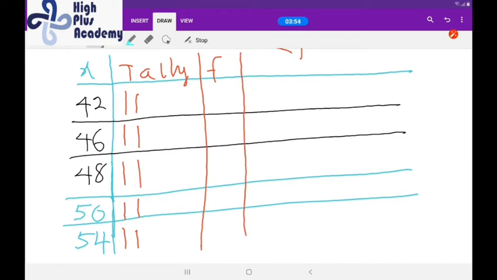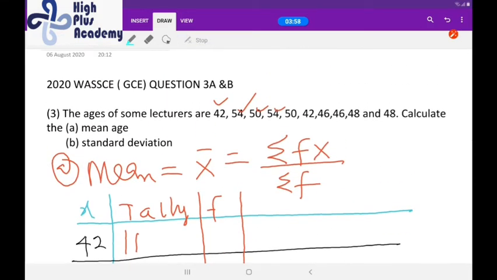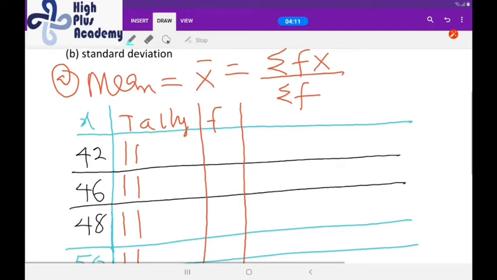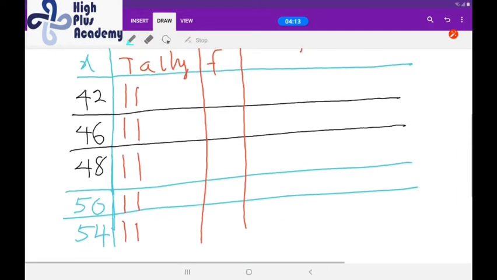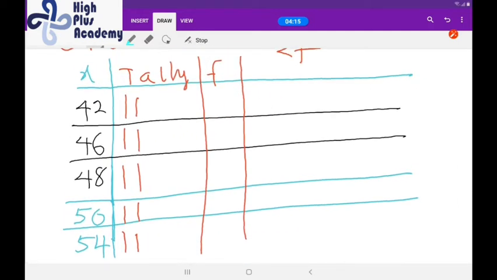Remember that in the tally system, when it is 5, you cross it. Don't forget that. Good. So that means they all occur 2 times.